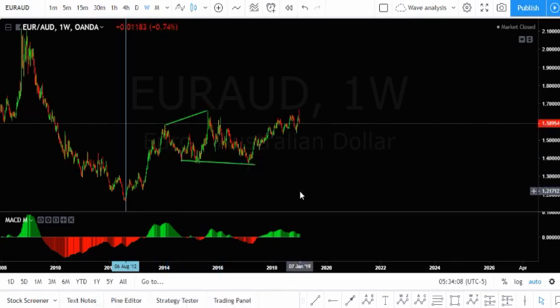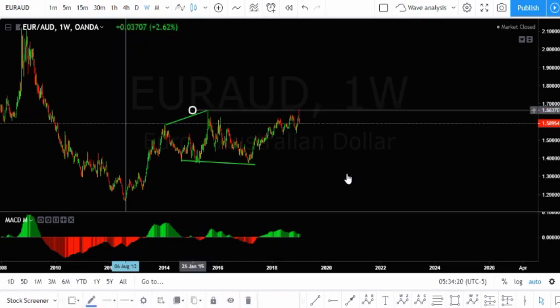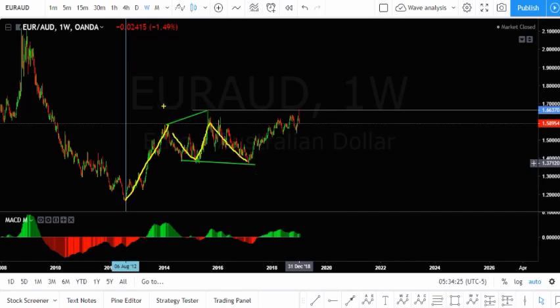This is actually forming an expanding flat, and only when we break the top, let's see if it did break the top. Let's measure the top there. We did break the top by a pip or two. So only now this becomes 1. This becomes your expanding flat.